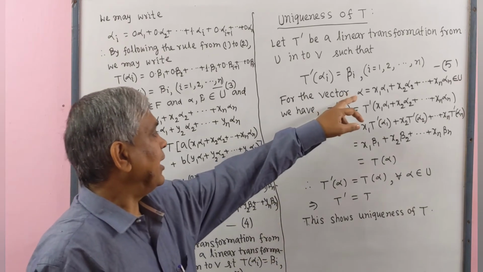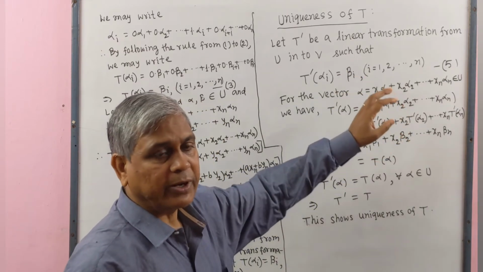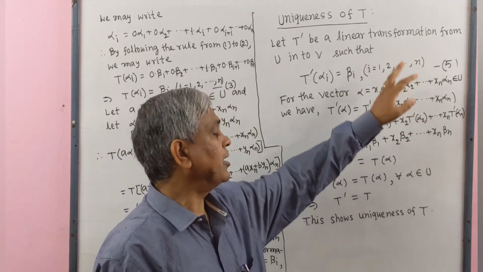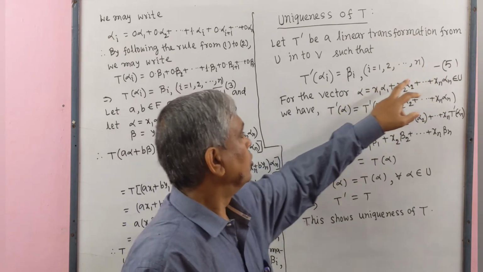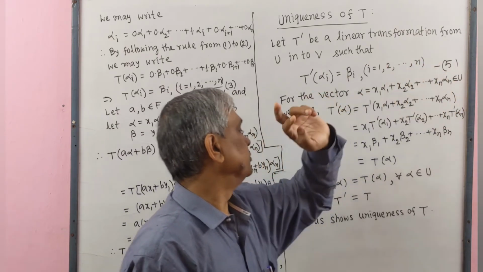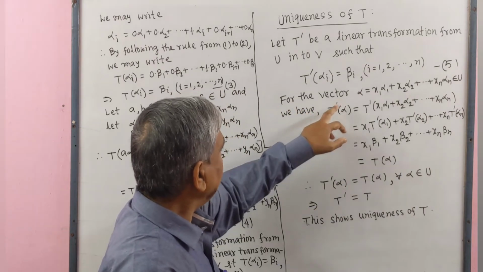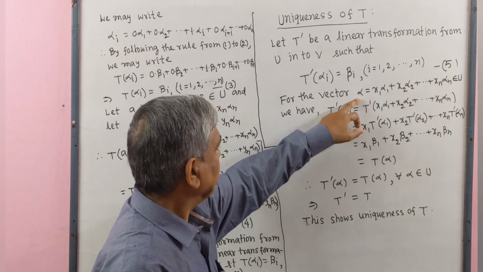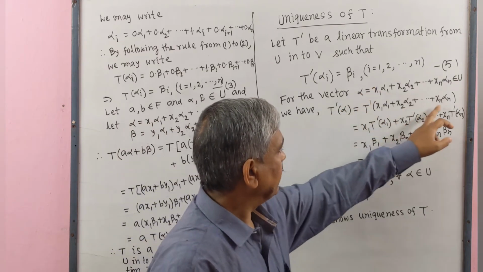For vector alpha equal to x1 alpha 1 plus x2 alpha 2 plus dot dot dot plus xn alpha n belonging to vector space U, we have T prime alpha, on the right side we use T prime here.